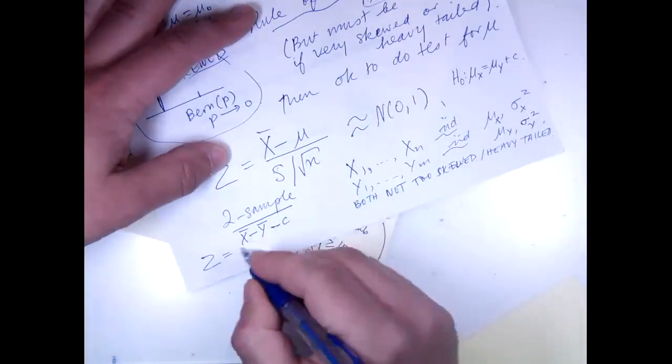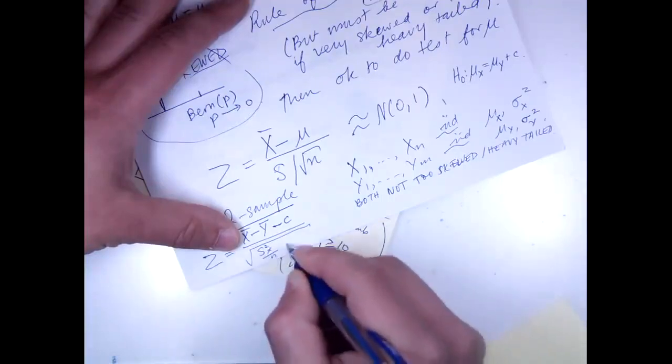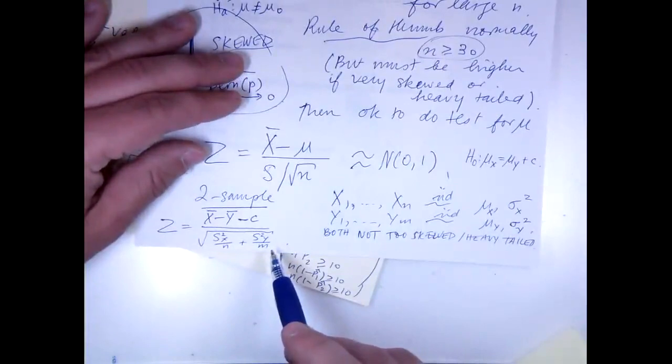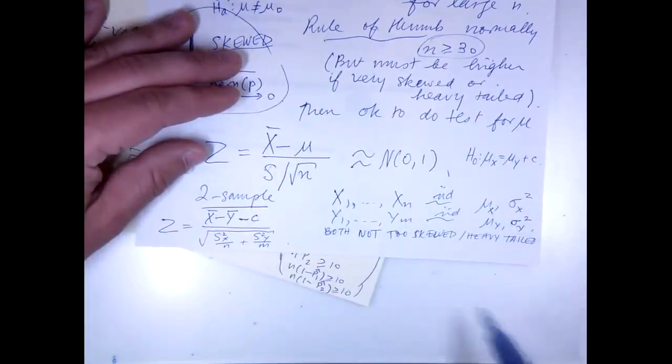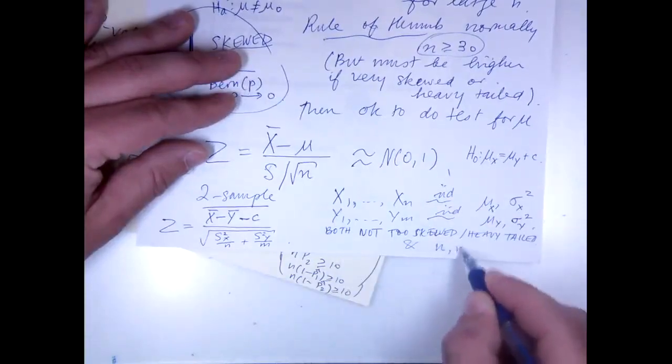Then as normal we do x bar minus y bar minus c, and then just the best estimate you can do: s squared x divided by n plus s squared y divided by m. So you get to see the pattern here. If the things you're estimating are not the same, don't pool them. Right? So I'm not assuming sigma squared x and sigma squared y are the same. And I should say n and m are both at least 30.